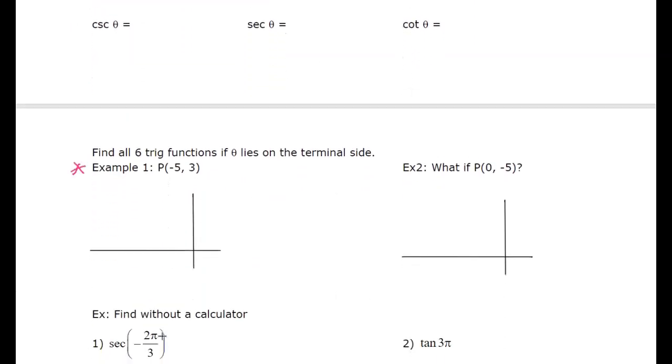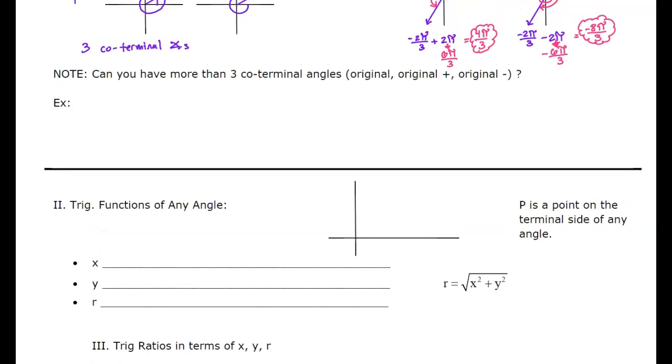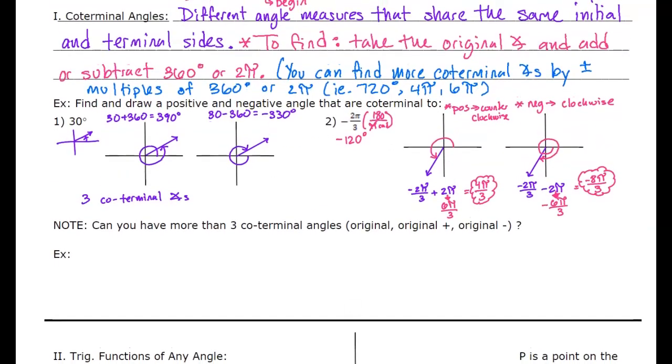Whenever it's asking about coterminal angles, and whenever it's giving you an angle in general, like a 30-degree angle or a negative 2 pi over 3, you're always going to assume, unless it tells you different, that the initial side is your positive x-axis.